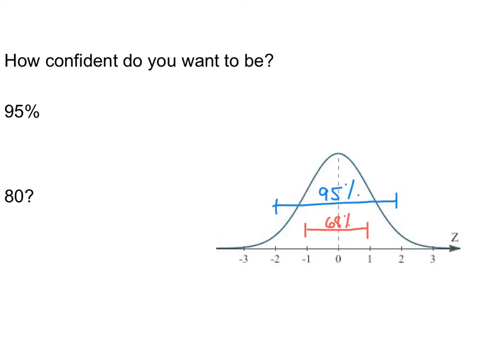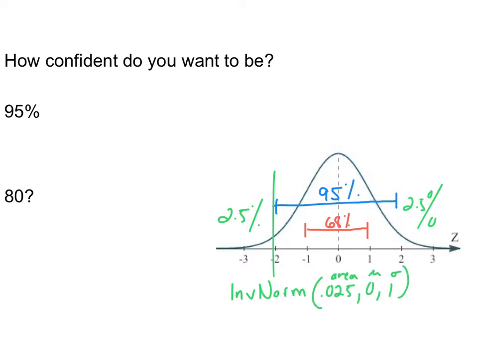So if I've got 95%, what's left out? There would be 5% left out. So there would be 2.5% on either tail that's left out. And so what am I going to do? I'm going to do inverse norm. And depending on what model calculator you have, it works a little differently. The TI-84 Plus, the older version, only gives you the left tail, so I'm showing you how to do it with the left tail.